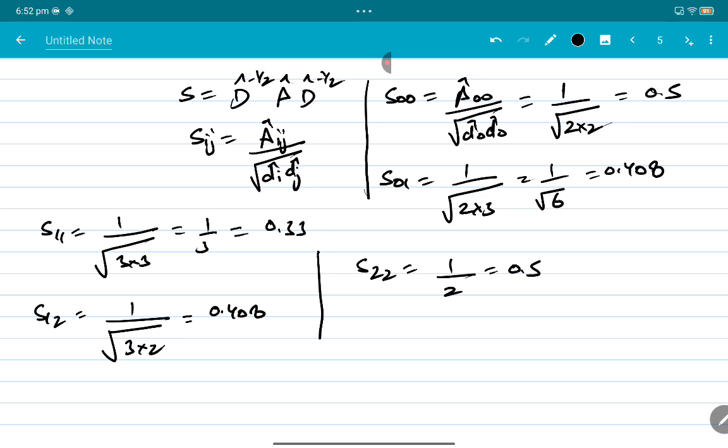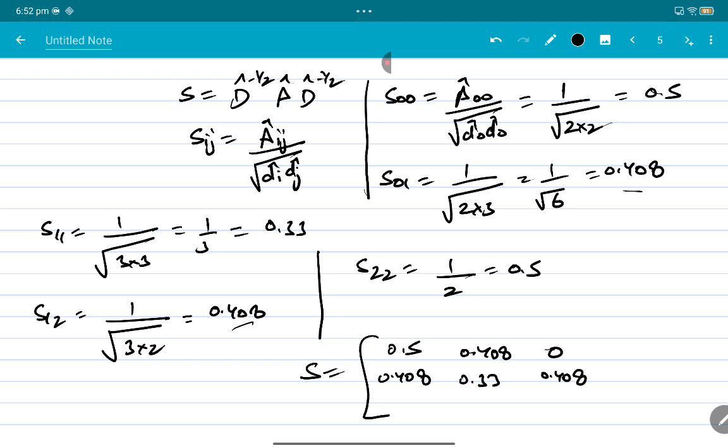So we have constructed all the elements of the S matrix. The S matrix can be represented as 0.5, 0.408, and this one is 0, and similarly S10 is 0.408, S11 is 0.33, S12 is 0.408.